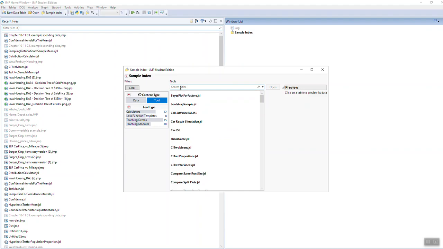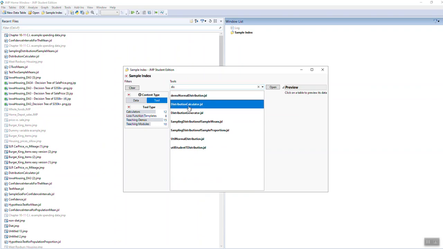In this case, we are trying to find the probability based on the z, or the normal distribution. So we are using the Distribution Calculator. This is the tool we want to use. This is a built-in tool in JMP. So, Distribution Calculator, open.